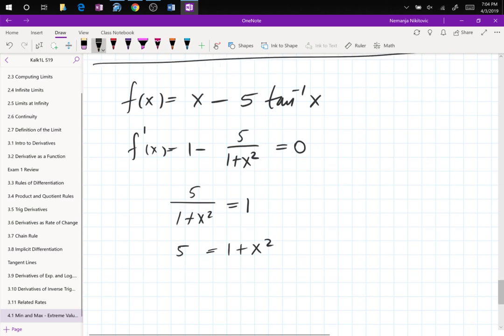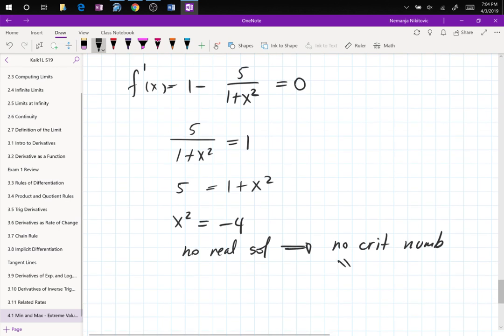And now x squared is equal to negative 4. If x squared is equal to negative 4, your solutions are complex. So no real solution, which implies no critical number, which implies no critical points, which implies no min-max.